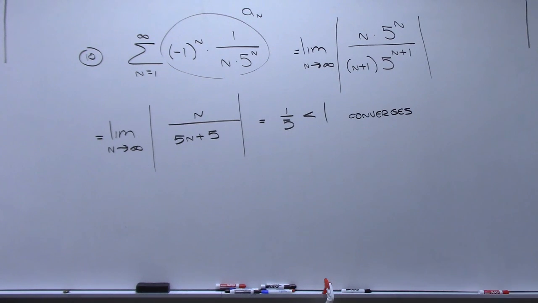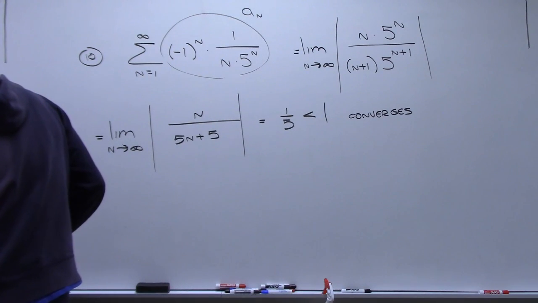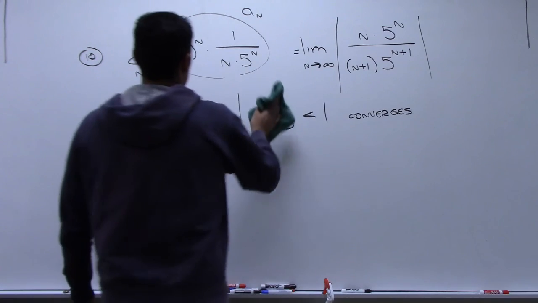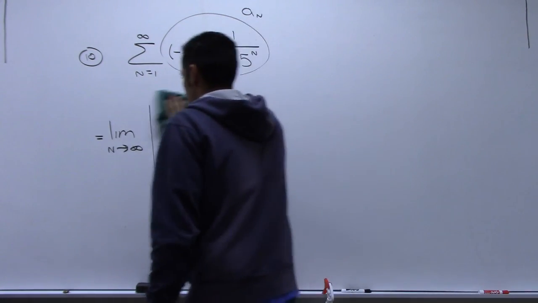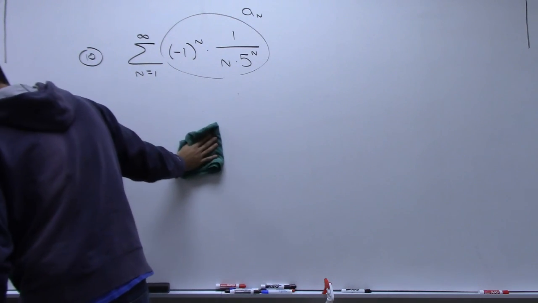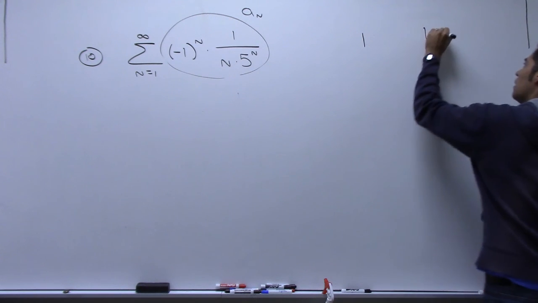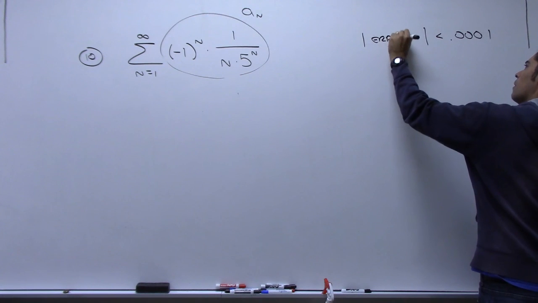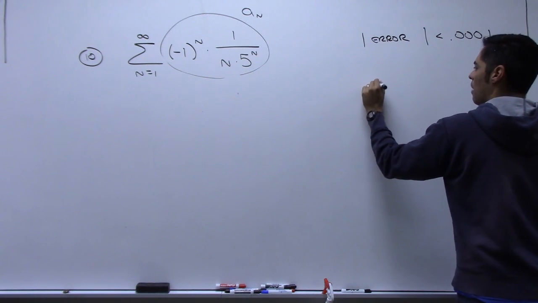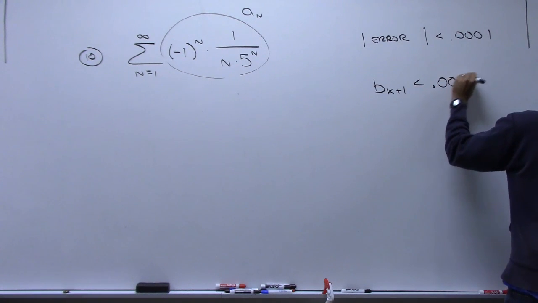So it is a convergent alternating series. Now I have to again go through that process, try and find a k to get the error on this thing to be less than 0.0001. So I want my error to be less than 0.0001, which basically means I want my b sub k plus 1 to be less than 0.0001.